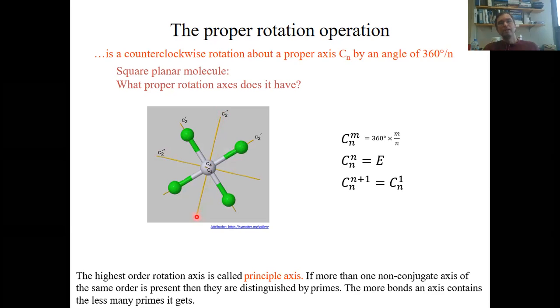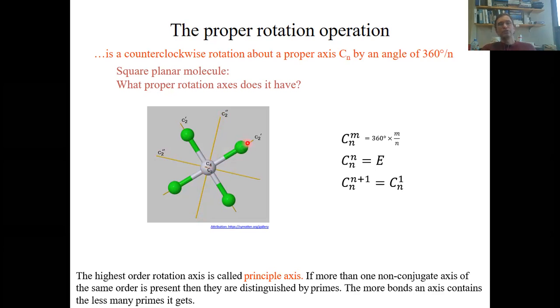Now we have to assign primes to axes that are not conjugate. This C2 here is parallel to the C4, which is the principal axis, so it doesn't get any prime.